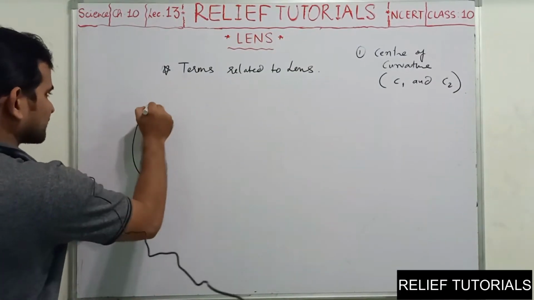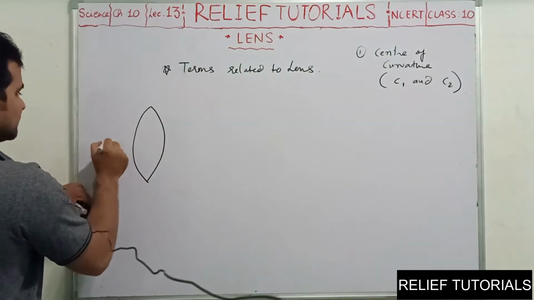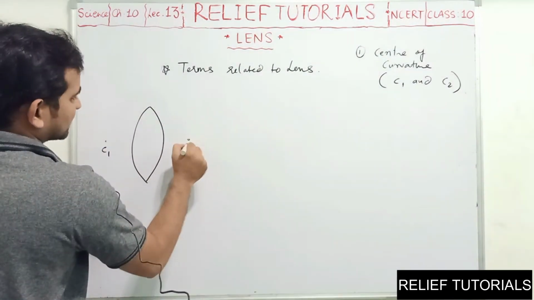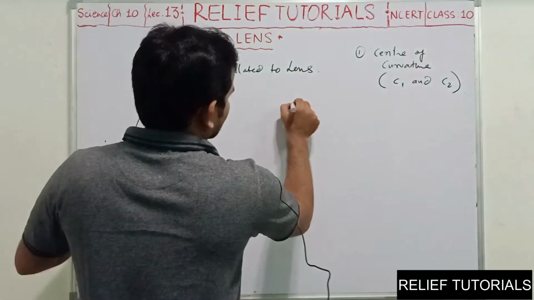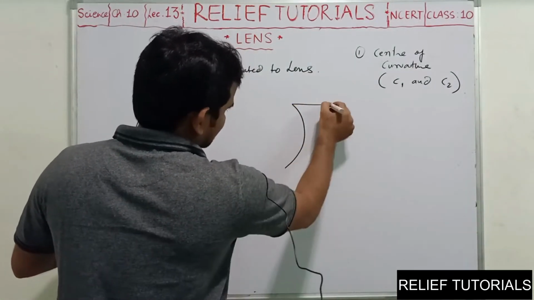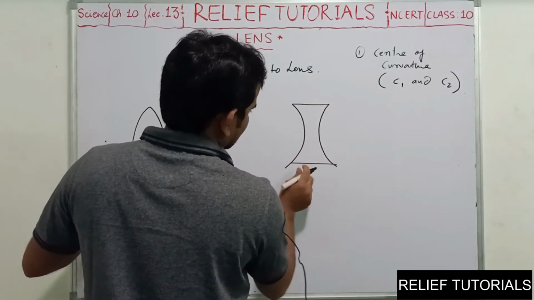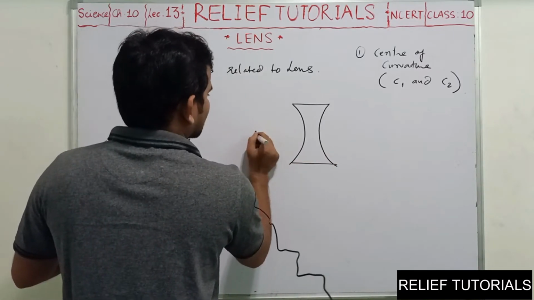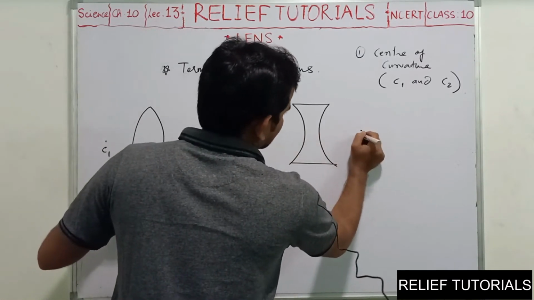In case of convex lens, C1 and here is C2. And in the case of concave lens, C1 and C2.